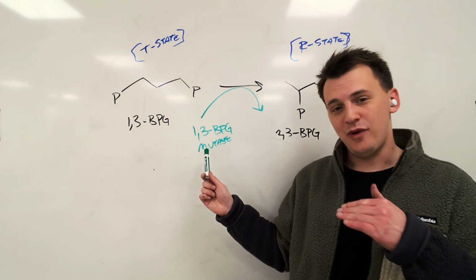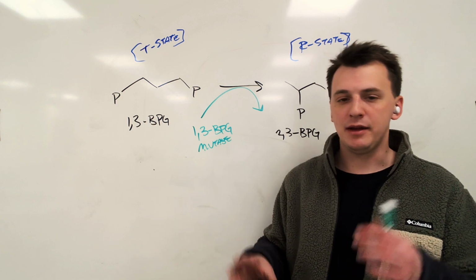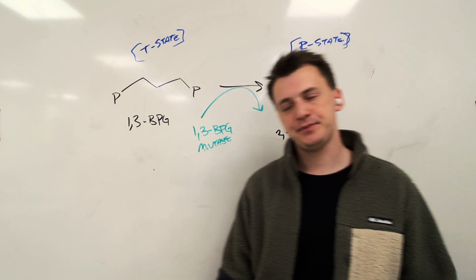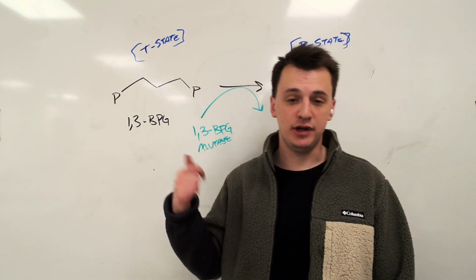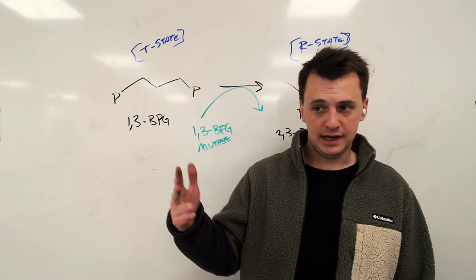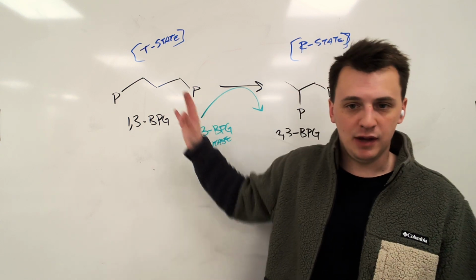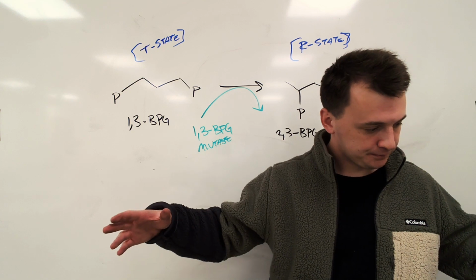And so how does 1,3-BPG come in? An increase in temperature, an increase in pressure, an increase in oxygen saturation will help it go from T state to R state.